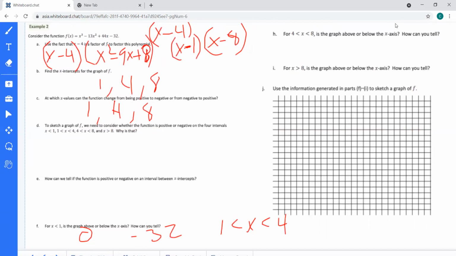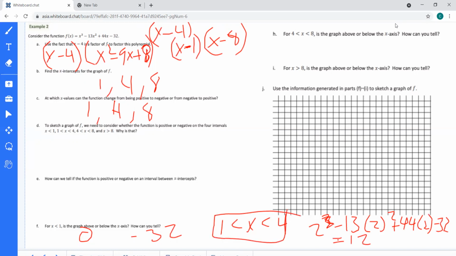Well, if we work that out, we said 2 cubed, not squared, minus 13 times 2 squared plus 44 times 2 minus 32. That's going to equal 12. So that's positive. So this interval is positive.